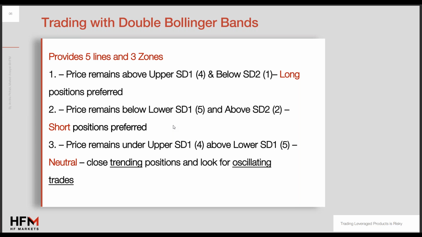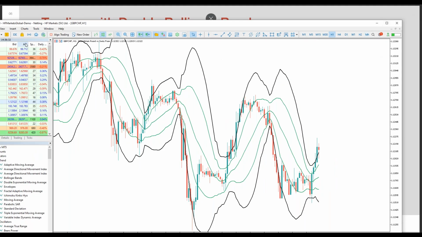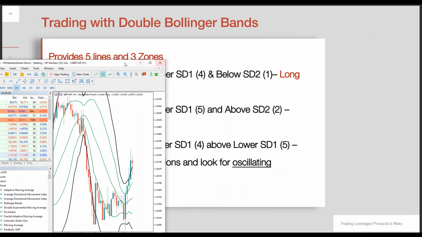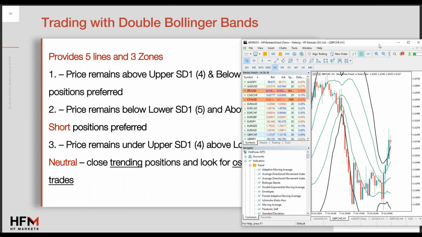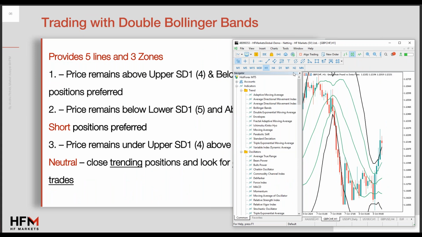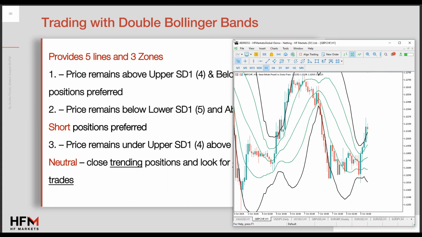So we have 5 lines, 3 zones. I know that this should be on an actual chart, so I will put it side by side to make it easier for you as well.